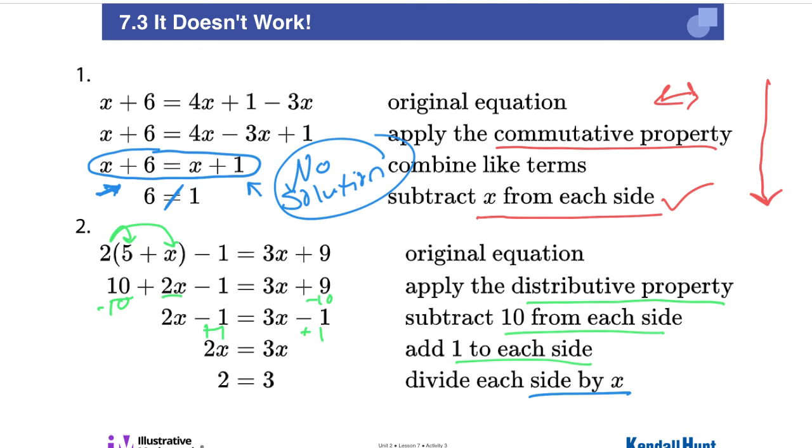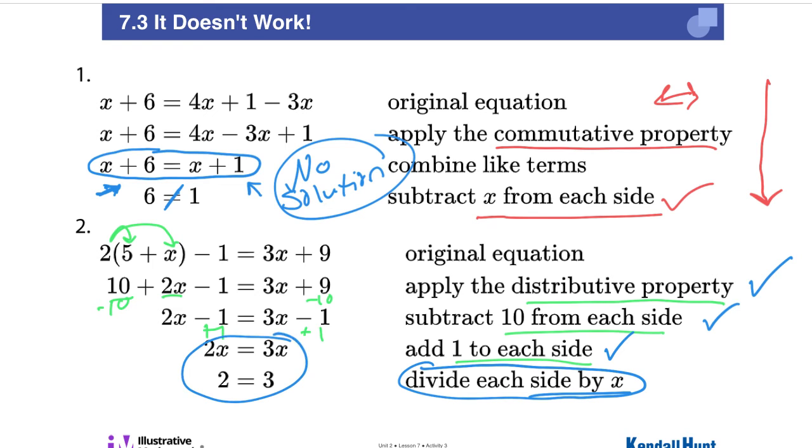So why did he end up with this false statement? Let's look back. His steps look good. The first few, distributive property is good, subtracting 10 from each side is good, adding 1 to each side is good, but dividing each side by x right here, we cannot do that. We can't divide by a variable because what if x is 0? If x is 0, that means we ended up dividing by 0, and that is not a legal move.